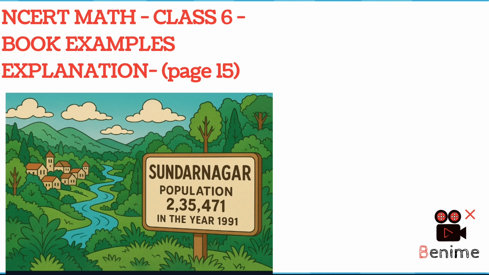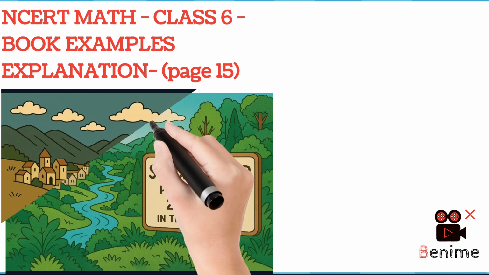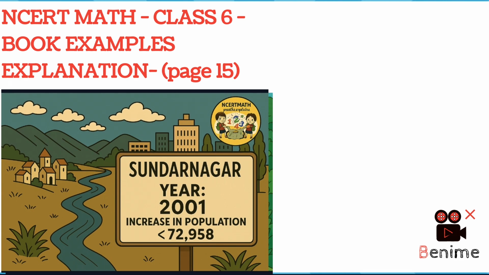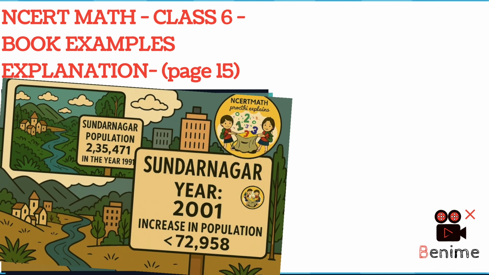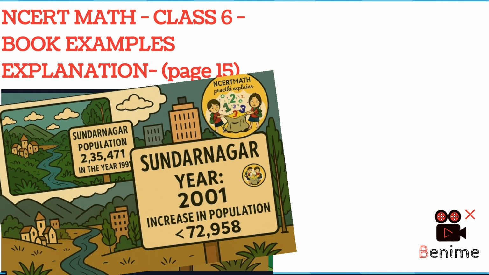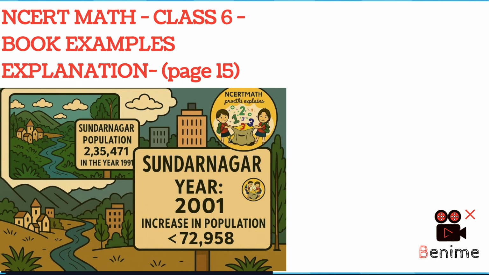So the first question is, in the city of Sundarnagar in 1991 the population is 2,35,471 and it has increased over the period of 10 years by 72,958. What will be the population of Sundarnagar in 2001? They have asked this question. So for this we have to find the solution.